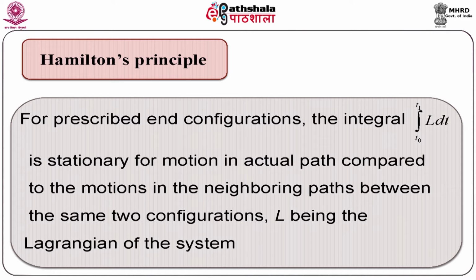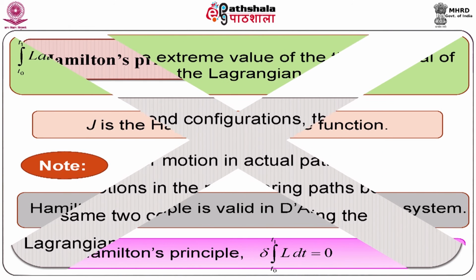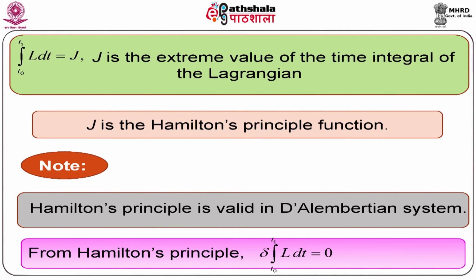Here L is the Lagrangian of the system. Mathematically, it is written as ∫ from t0 to t1 of L dt = J, where capital J is the extreme value of the time integral of the Lagrangian of the system and is known as Hamilton's principal function.